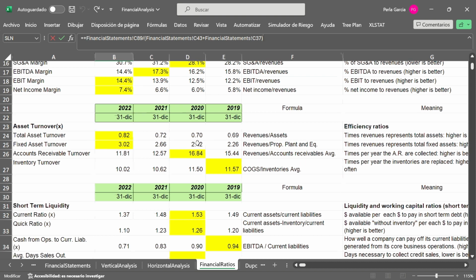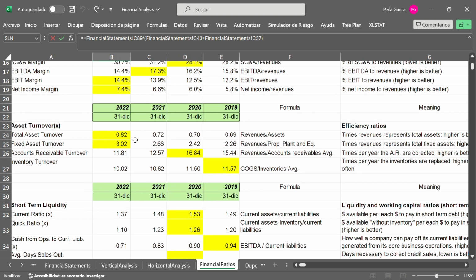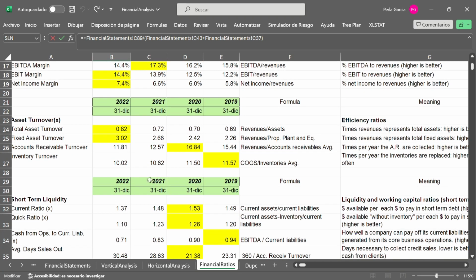The first one explains what times of revenue represent the total assets. Here the total revenue represents 0.82, and all of these ratios are expressed in times.